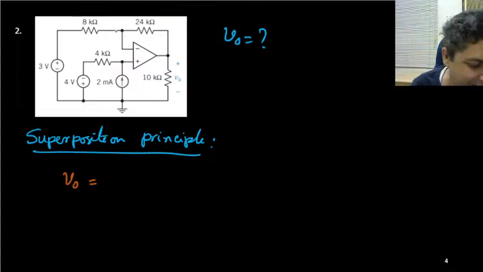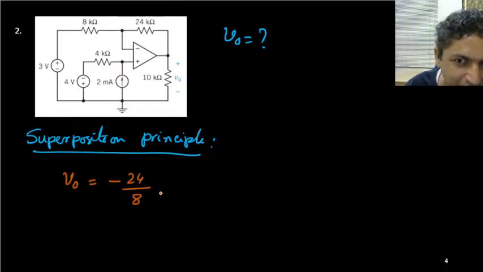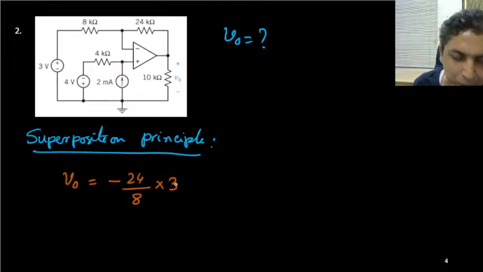What is the gain? Is minus RF by R1. RF is your 24K. So this is 24 by 8, RF by R1, multiplied by the supply voltage is 3. So this is the first term when 3 volt source is acting alone. Okay, this is one term.